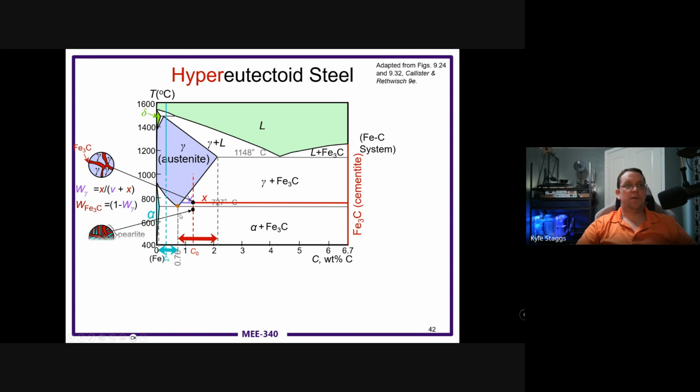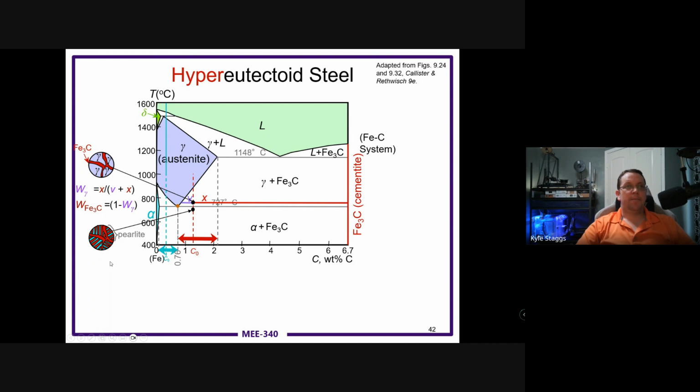So same deal, we go down in temperature in order to understand how much perlite is formed. We figure out where that is, and draw our line down, and we get our composition down here. We get our composition over here, and we get what our results are.